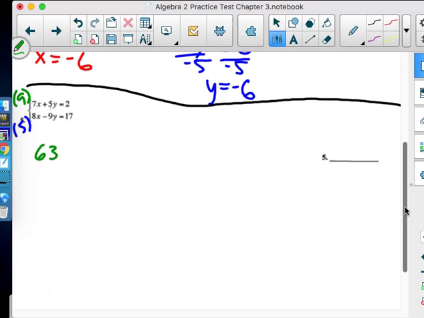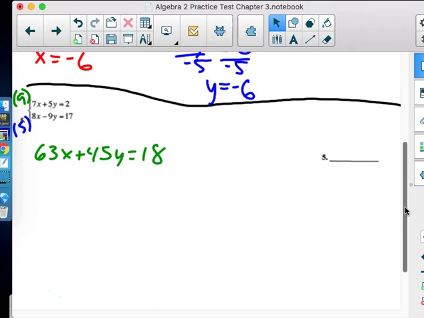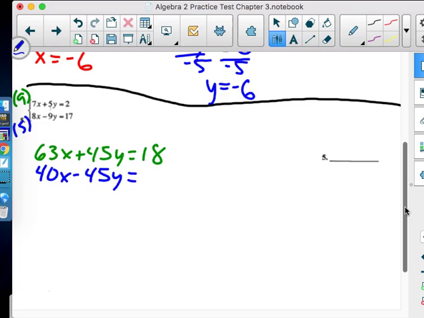So 63x plus 45y equals 18. The whole thing gets multiplied by that. 40x minus 45y equals 17 times 5, 385. So far, so good?